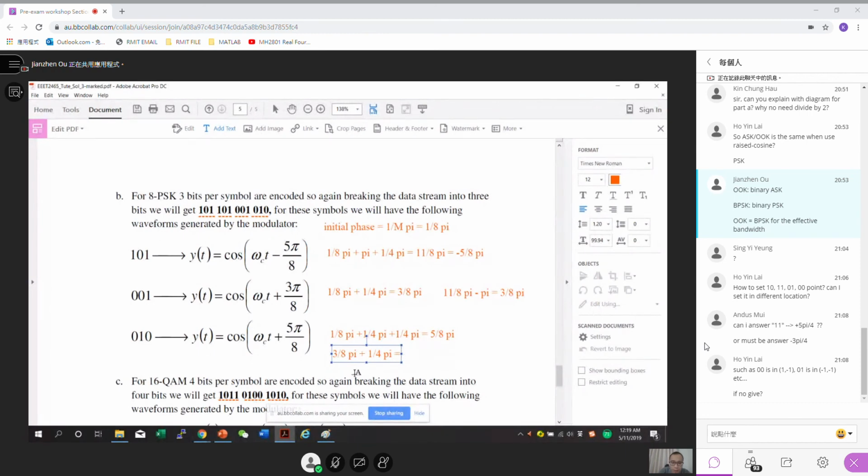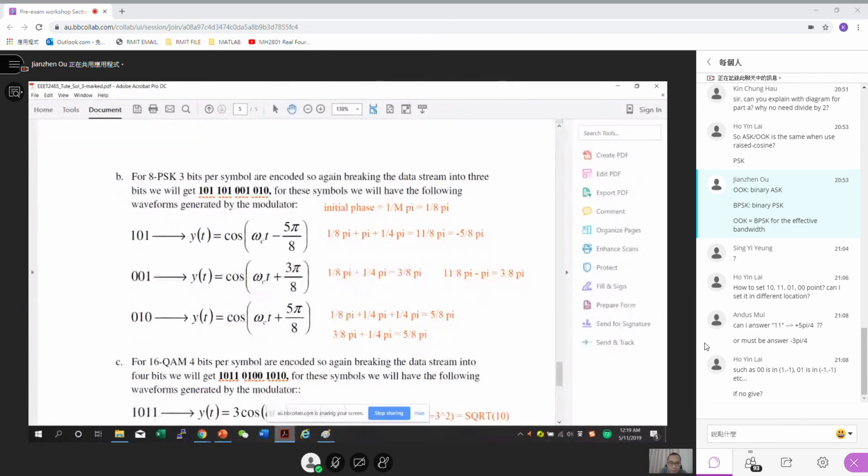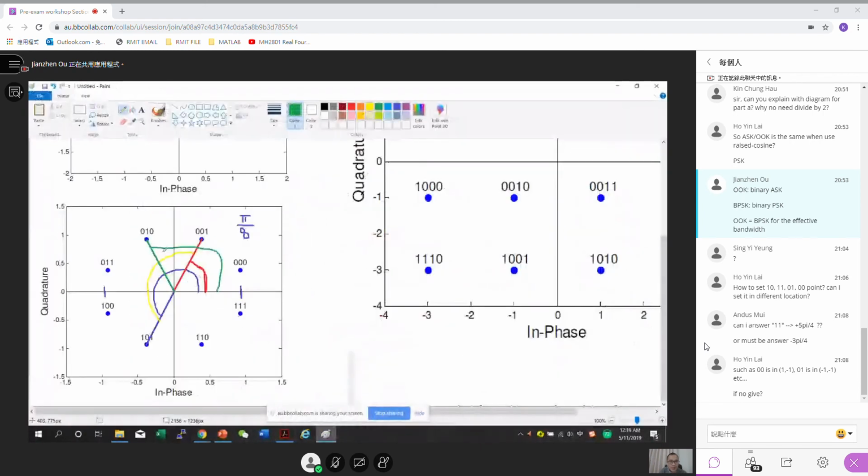So it's 5 over 8, so it's 5 over 8 pi. So you can see, once you draw something like that, that should solve the question very easily.